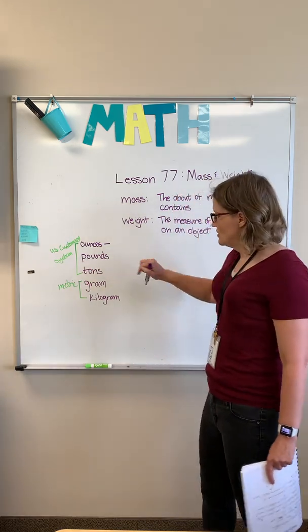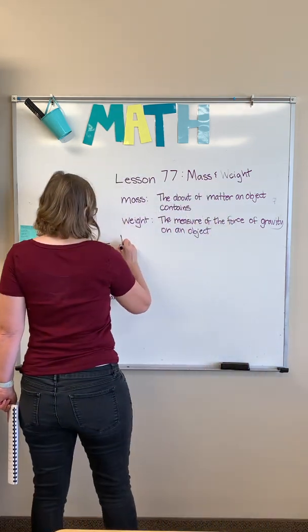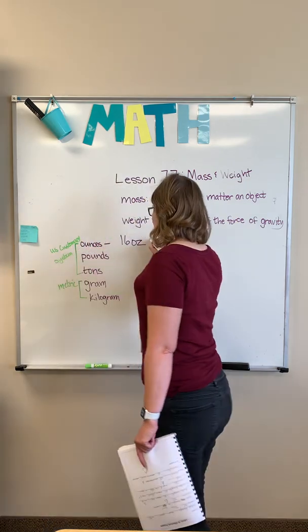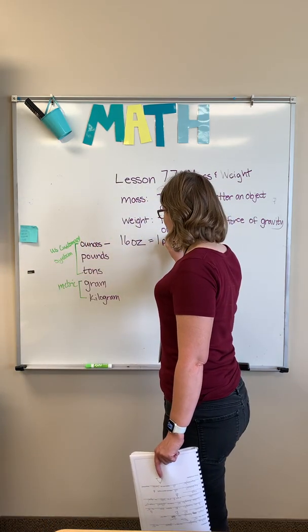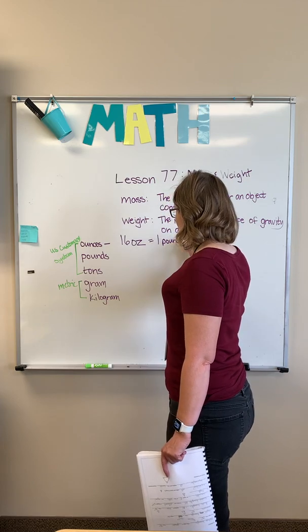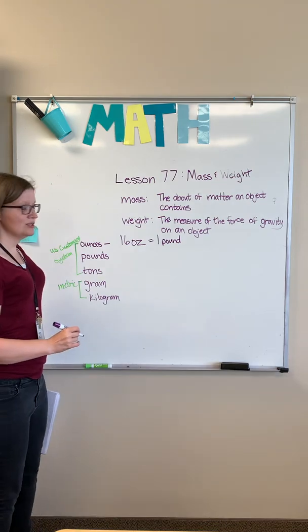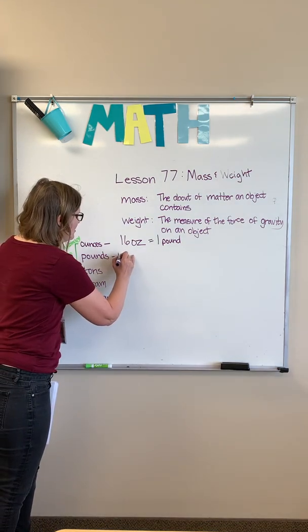We use ounces, and I need to note here that there are 16 ounces, and we abbreviate with OZ. 16 ounces equals 1 pound. Or if I really want to abbreviate, the abbreviation for pound, don't ask me why, is LBS.